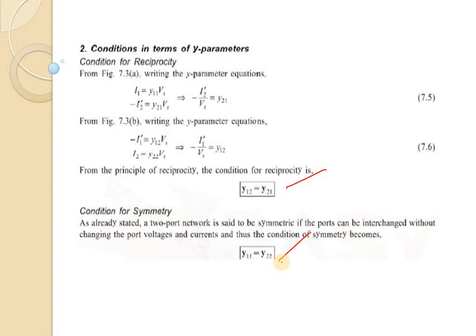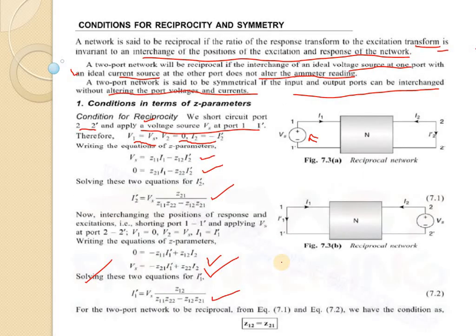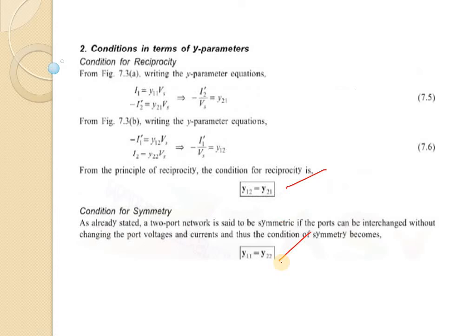For Y parameters, the reciprocity condition is Y12 equals Y21, and the condition for symmetry is Y11 equals Y22. That means for Z parameters and Y parameters, the conditions for reciprocity and symmetry are similar.